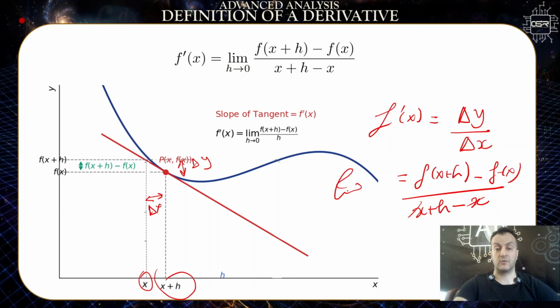Here's another thing to pay attention to. It is actually the limit of that quotient as h approaches 0, meaning that h should be a very small number. The step between x and x plus h should be a very small distance, so as to get an accurate result for the elevation of the tangent at that specific point x.